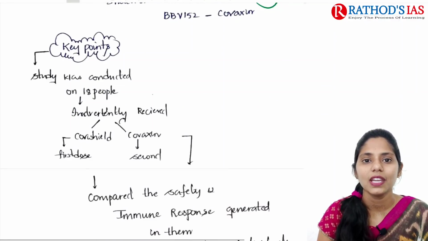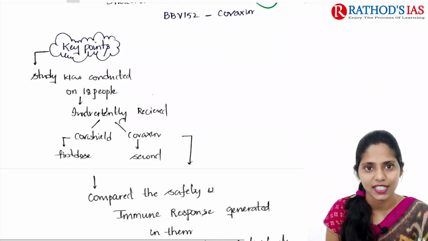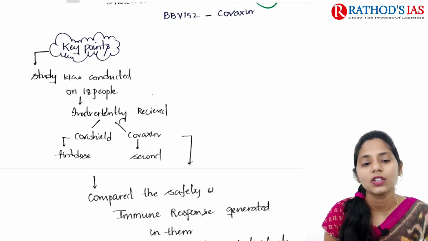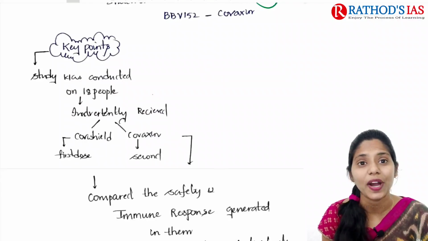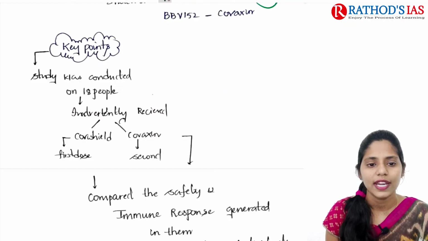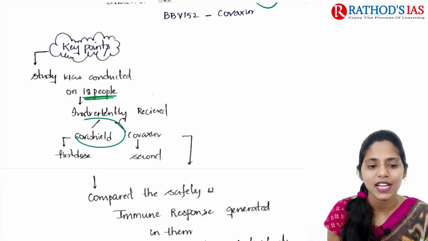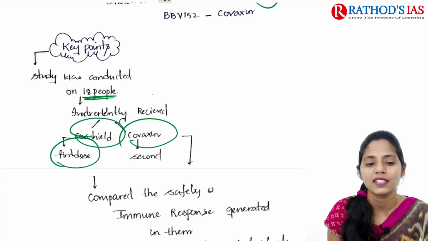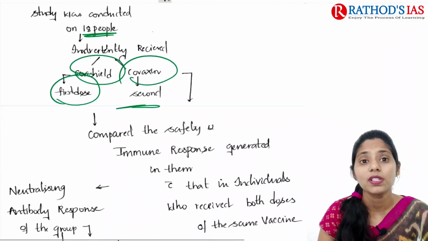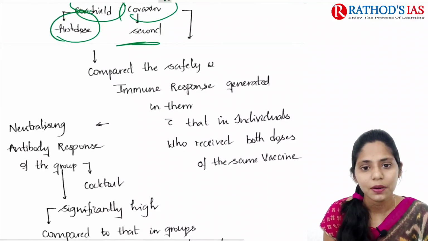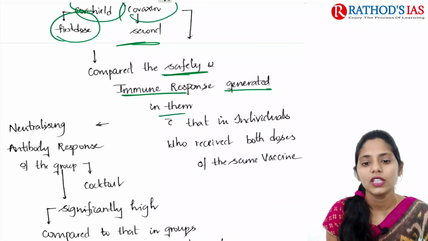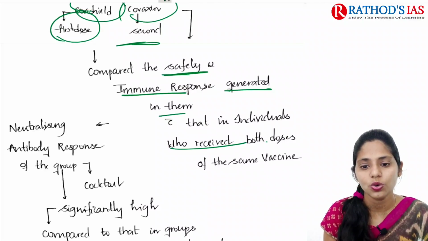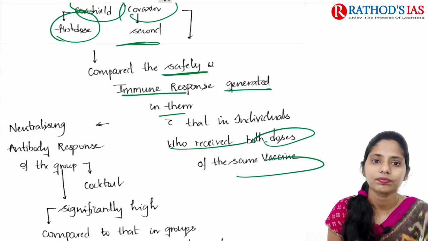If you see some key points of this study, it was conducted on 18 people who inadvertently received Covishield as the first dose and Covaxin as the second dose. The study compared safety and the immune response generated in them with individuals who received 2 doses of the same vaccine.